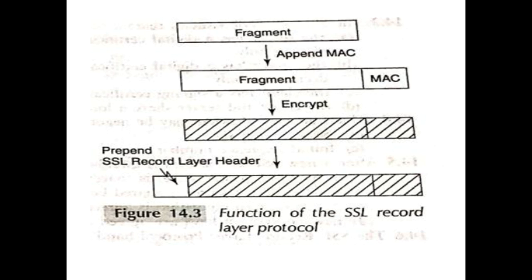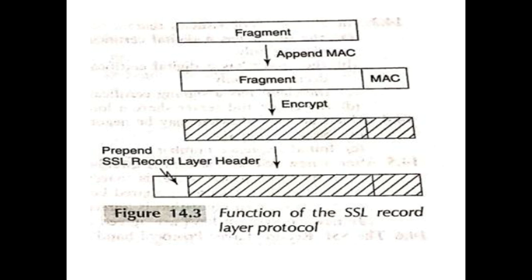The next step after computing the MAC is to encrypt the data. If the combined size of the data fragment and MAC is not a multiple of the block size, then padding is appended. The data fragment, MAC and pad are then encrypted, prepended with a header, and passed on to the TCP layer for further processing.